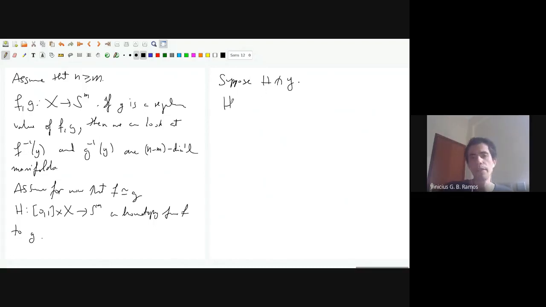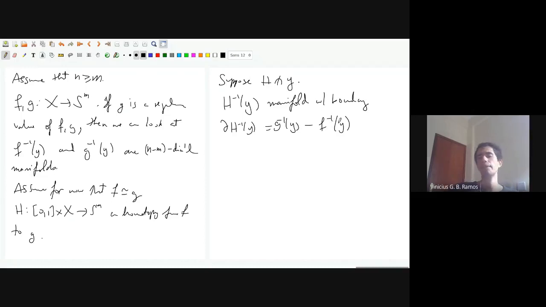So now we can look at the pre-image of Y. This is a manifold with boundary. And the boundary is exactly the pre-image of Y by G minus the pre-image of Y by F. So this is the relationship that we have between these two manifolds.